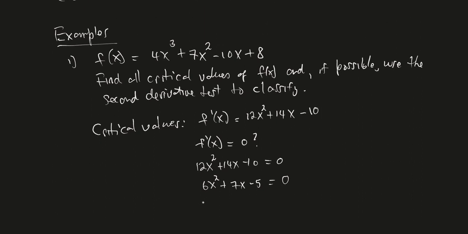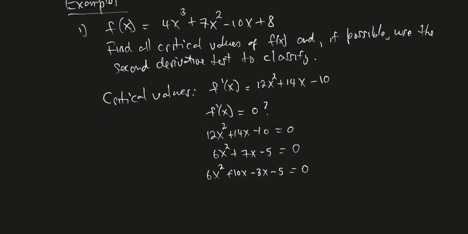I'll show you the standard way of factoring. Write this 7x as plus 10x minus 3x and then minus 5 is equal to 0. Then you factor by grouping. Let me write the grouping. It looks like that, and then I'll do that.